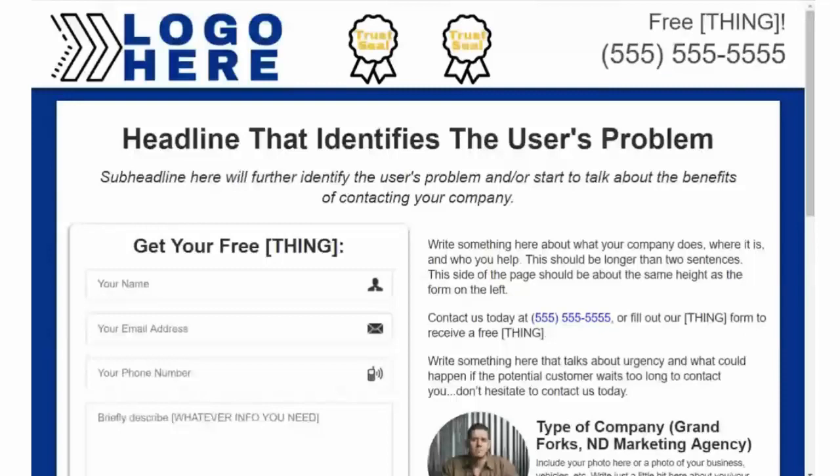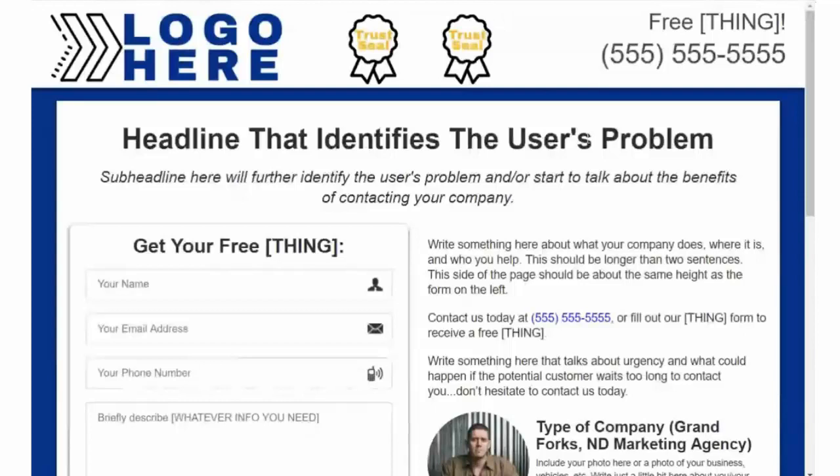Okay, a little ways down the page, we have our headline. The headline should address the user's problem. If they were searching for bankruptcy attorneys, and let's say you are an attorney who does the whole gamut of legal services. Most of the time you'll go to an attorney's website and there will be 20 different services listed that they offer, right?